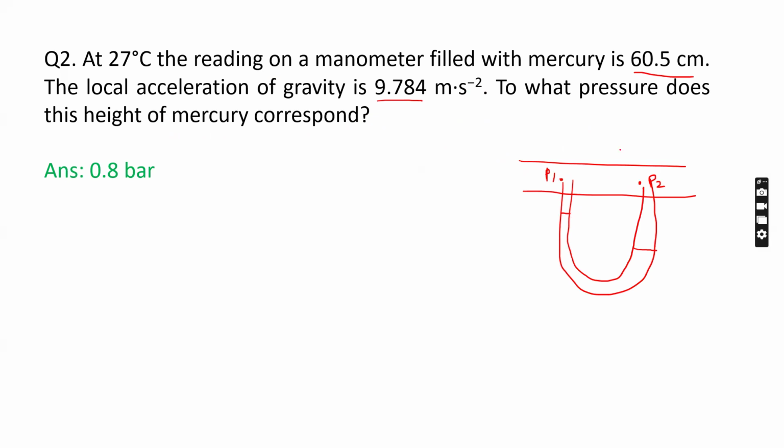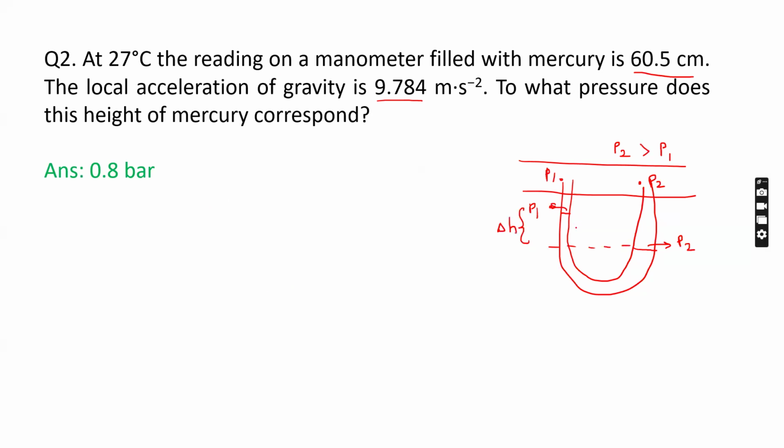Now P2 is greater than P1, assume that. Now we say here the pressure is P1 by Pascal's law. Here pressure is P2. And this is delta H.